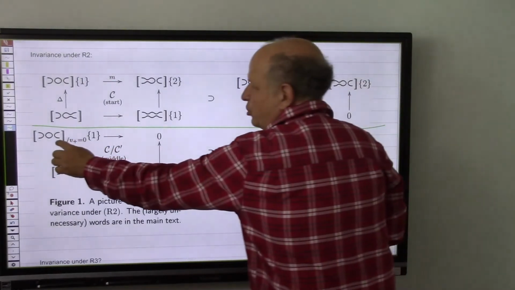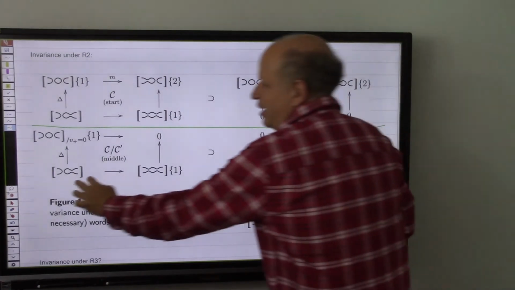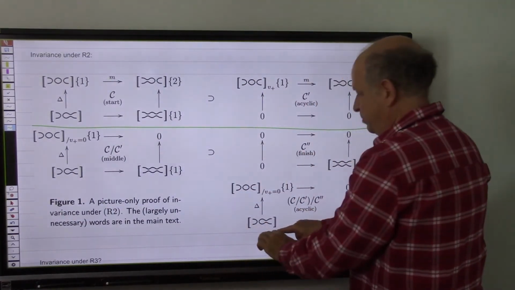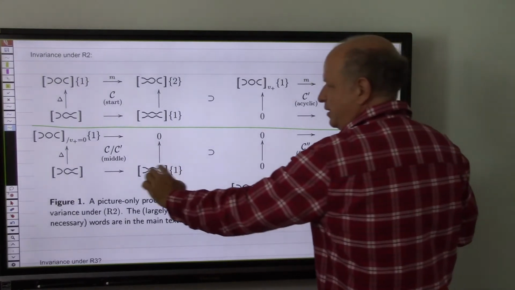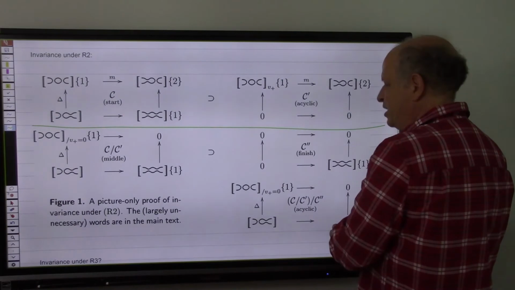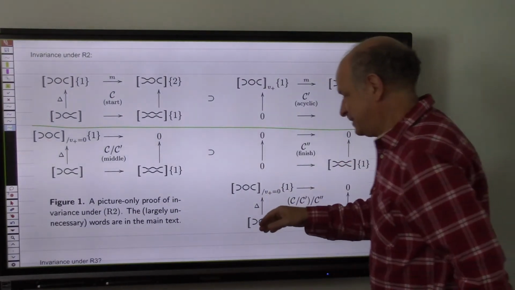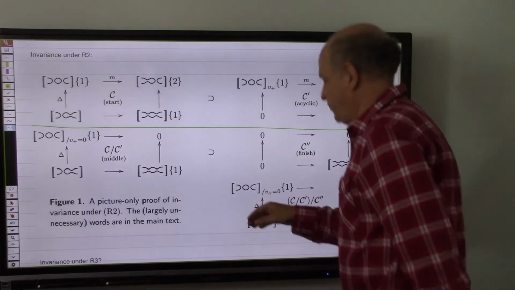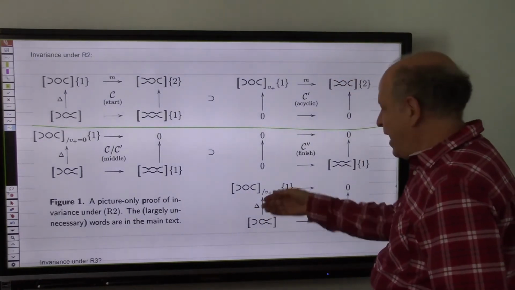So I took this modded out by 0, it means I didn't make any changes. I took this modded out by 0, means I didn't make changes. 0 modded out by 0 is 0, and this modded out by itself brings 0. So this complex is in itself acyclic. Why is it acyclic?